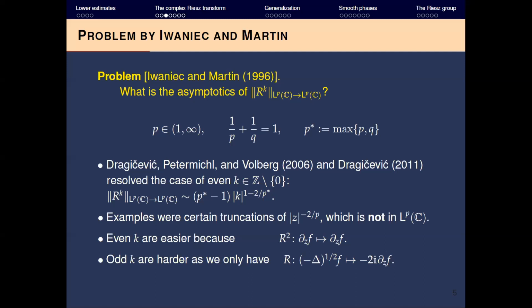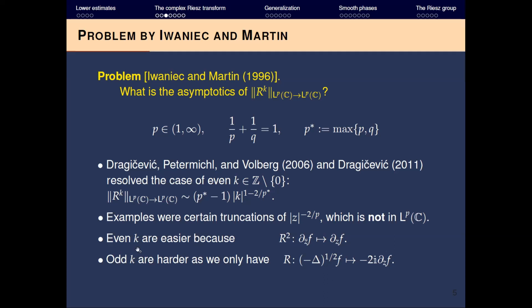Absolute value of z raised to the power -2 over p. However, it turns out that this function is not in the L^p space. If it was, it would be very easy, just plug it in and compute the norm. But it isn't. So you have to consider certain truncations in any sense that you wish, and then plug in those truncations, which now make sense. I'll explain in a moment why this is not as easy as it might seem.